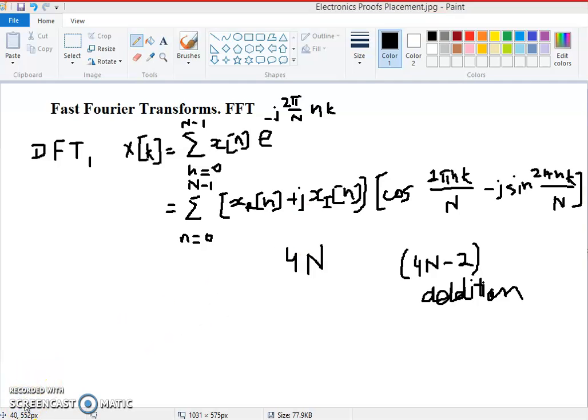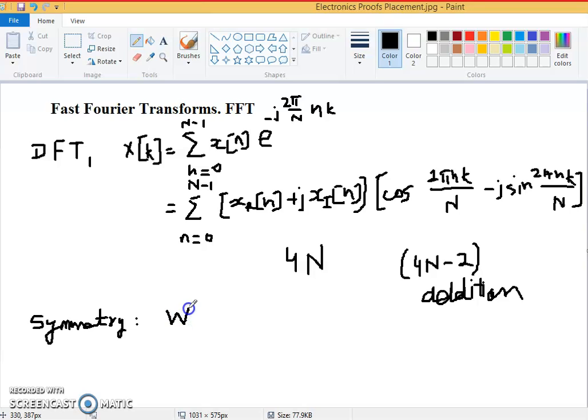So we have to devise another method of calculating the DFT which could be used to simplify these things. And why could it be simplified? It could be simplified because of two properties. One is called the symmetry property.